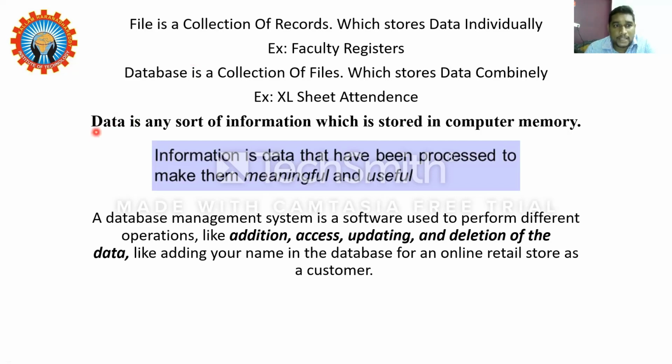Now coming to the concept of what is data, what is information, and what is DBMS. Already we said that data is any sort of information which is stored in computer memory. Data is a raw material. Based on the raw material, useful or meaningful data is called information.